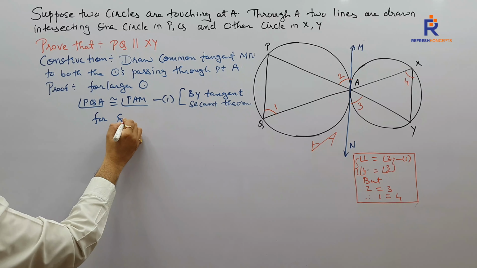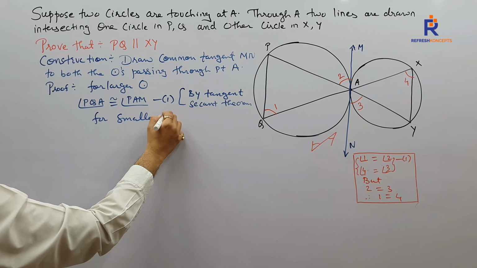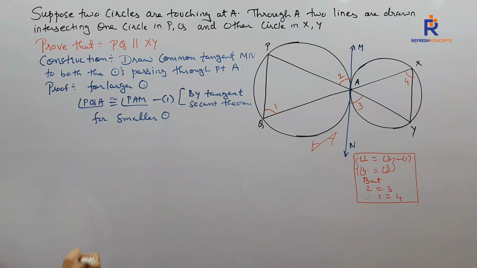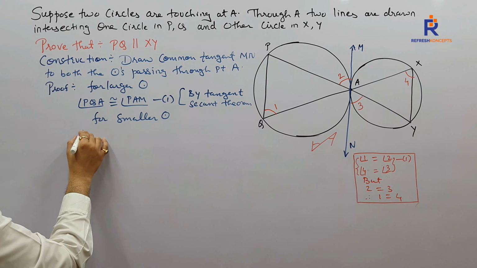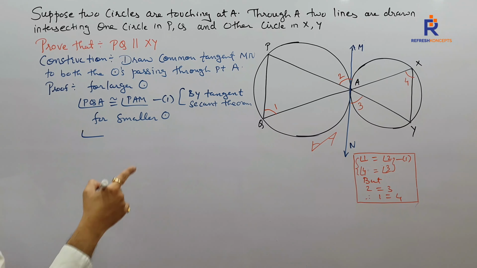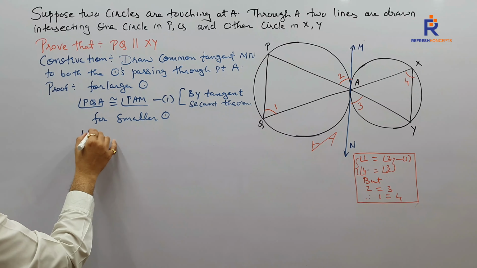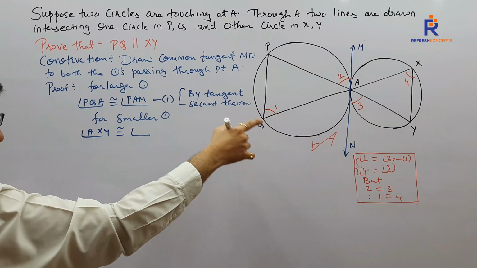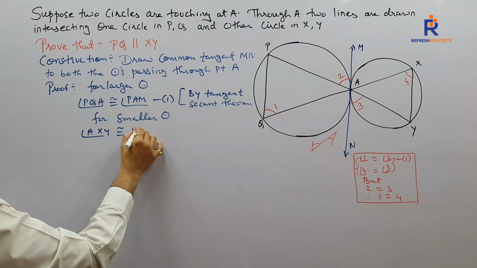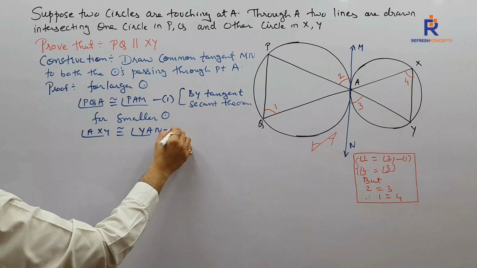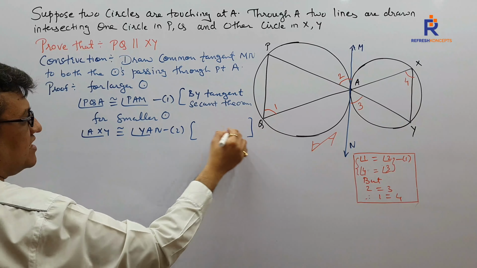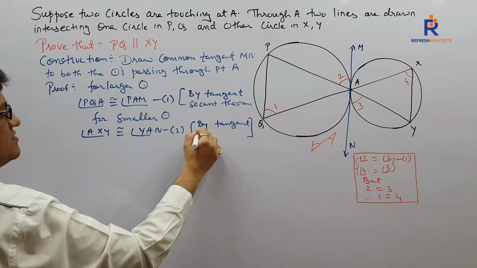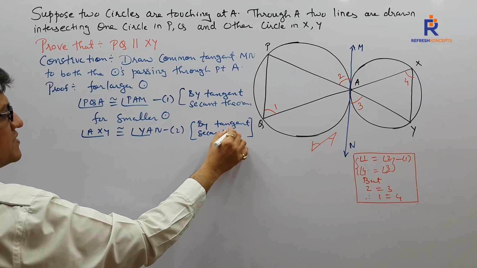For the smaller circle, whatever I did for the larger circle. What is it? Angle 4. Who is angle 4? AXY is congruent to YAN. Equation number 2. Again, I shall say by tangent secant theorem.